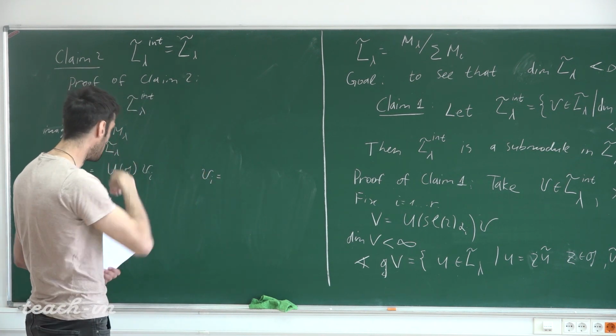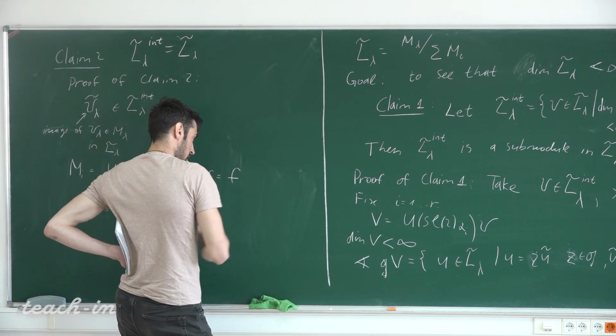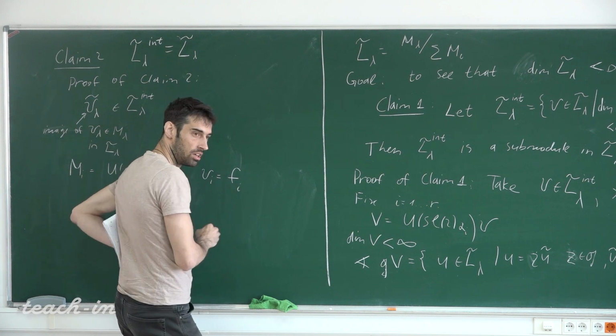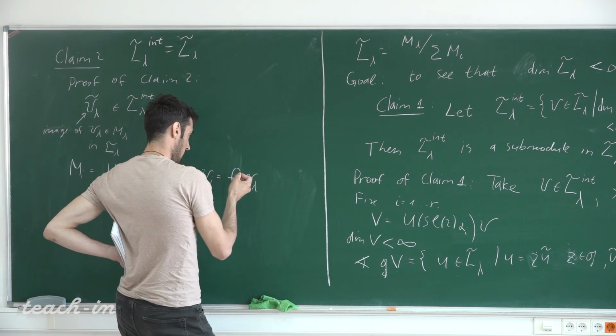So v i, you take f i and apply to v lambda. But how many times?